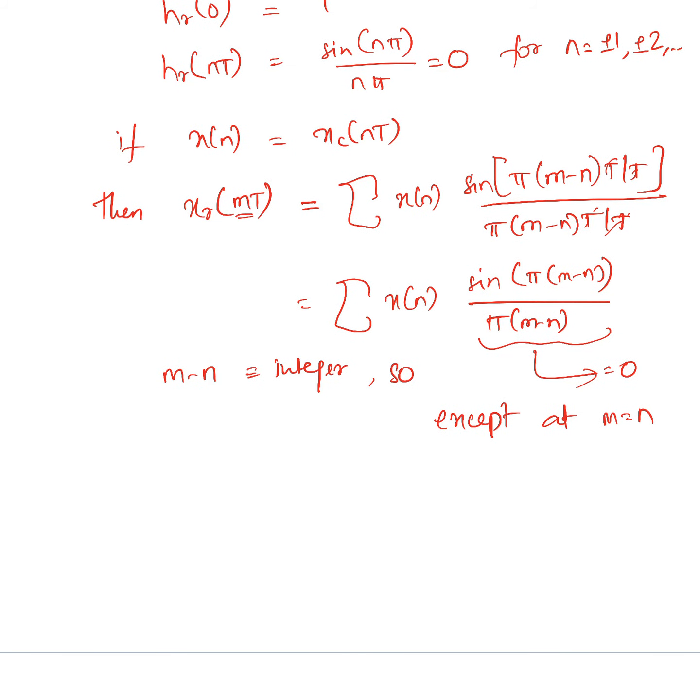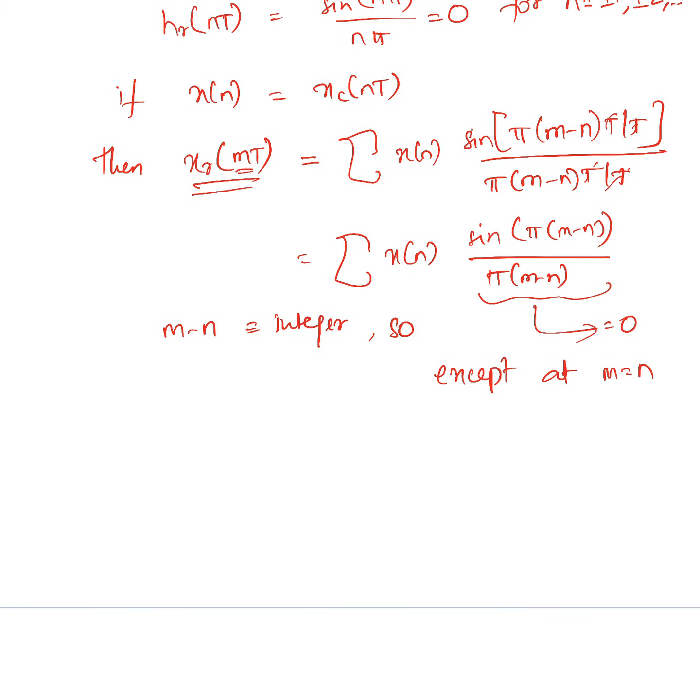So here we shall replace it by m equal to n. In that case, your x_r of mT would in fact become equal to x[m], because there is no longer T, since T is cancelled out. So it would be equal to x_c of mT for all integer m.